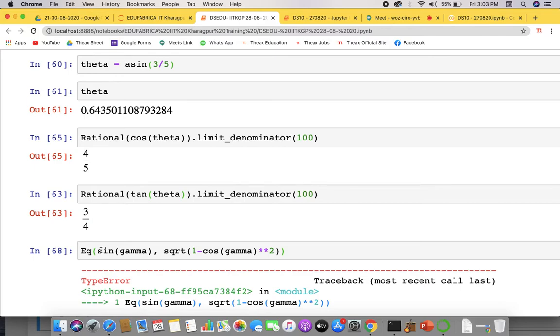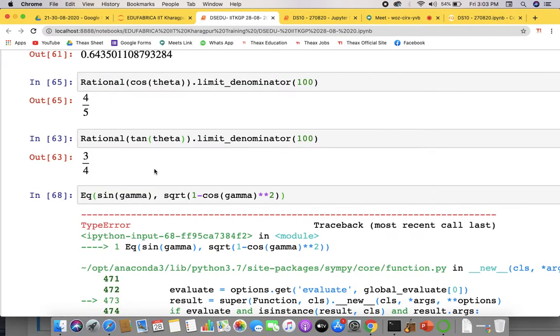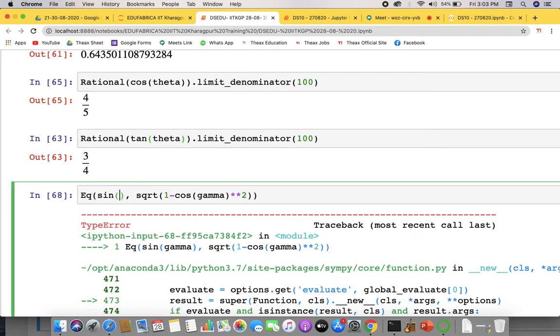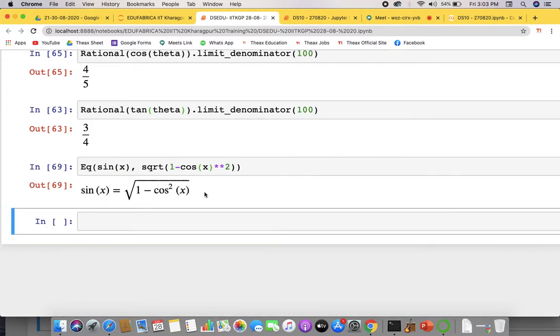Sine gamma is the square root of, this is correct, 1 minus cos gamma square. We're just missing some positional arguments. If we write sin x, let's make it small, so sin x equals something like this.